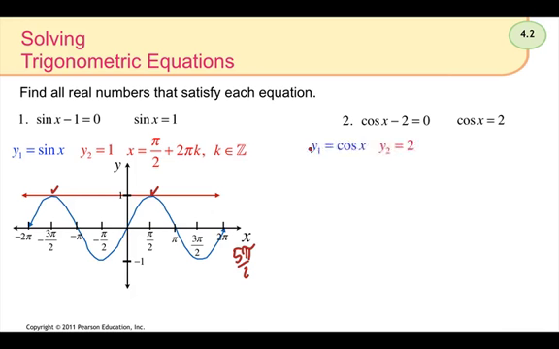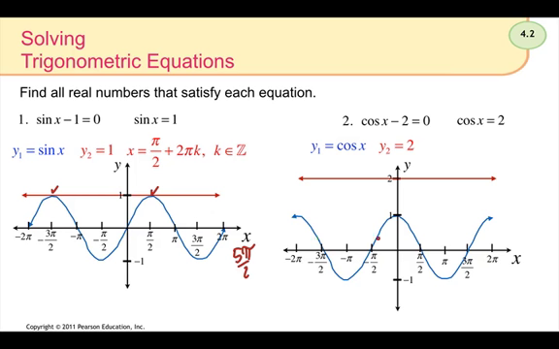So here's y sub 1. I'm going to let y sub 1 equal cosine of x, y sub 2 equals 2, and I'm going to graph these two functions. Here's the cosine wave, and here's the horizontal line, y equals 2. And notice that these two functions do not intersect. And like I mentioned at the beginning of number 2, that something should have come up.